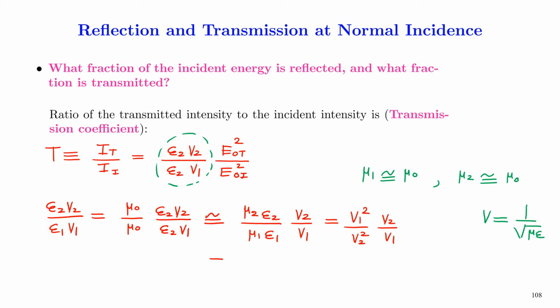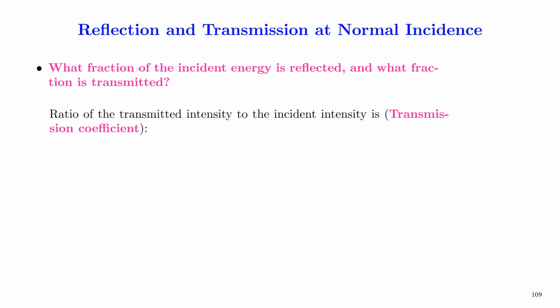Upon simplification, this becomes V1 divided by V2, and because the refractive index N is C by V, this can again be written as N2 over N1. That is, for the transmission coefficient T, in place of epsilon 2 V2 over epsilon 1 V1, we shall write N2 over N1.